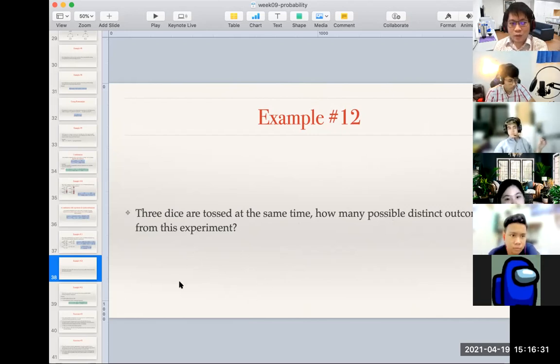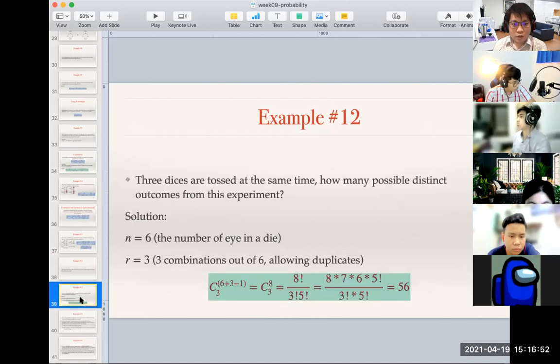Before I open up the solution, maybe someone wants to give the answer. Or let me just open up the solution right now.